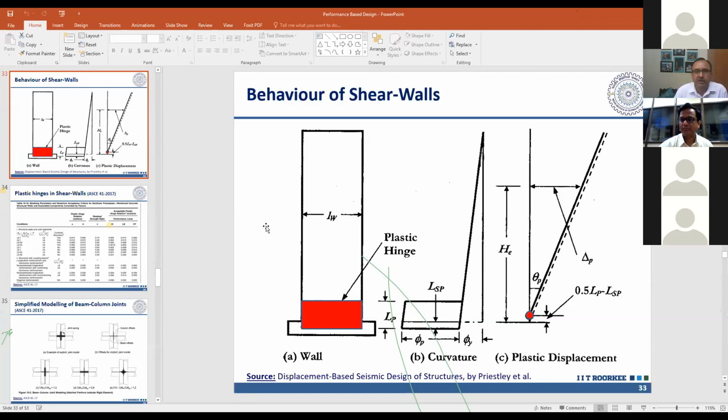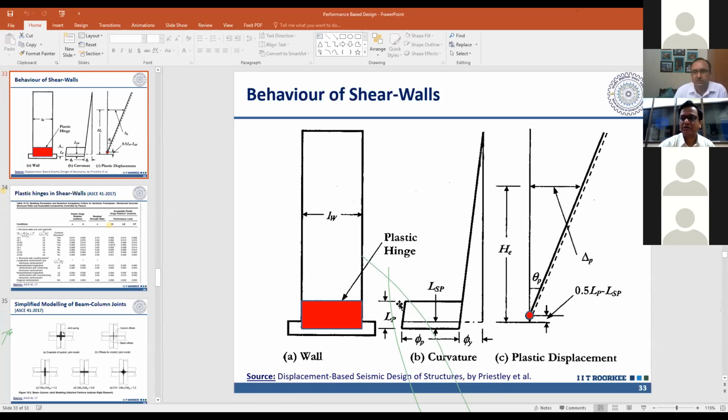So there are some models available in the book, Displacement Based Design by Priestley et al. So you can see from that book, which I have given the reference here. So they have models for columns and shear walls. Roughly, you can take plastic hinge length as Lw by 2. So this is the length of the wall, Lw. Half of that you can consider as the plastic hinge length, roughly.